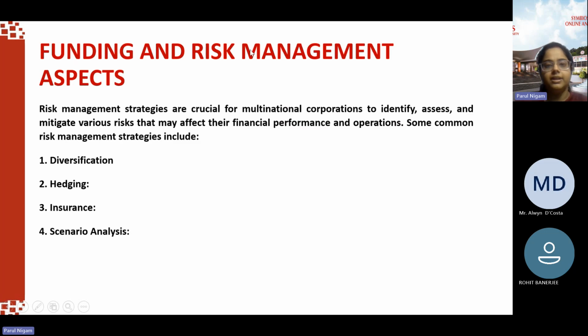Okay. Now funding and risk management aspects. So funding and risk management aspects basically cover that there are, first of all, a lot of risks. We have discussed currency risk, interest rate risk, and political risk. All of these risks need to be tackled by every country in their own way.